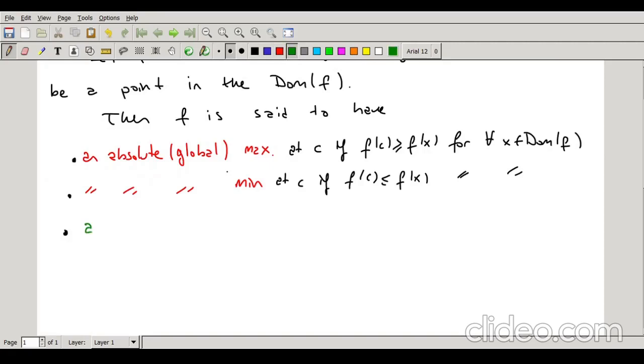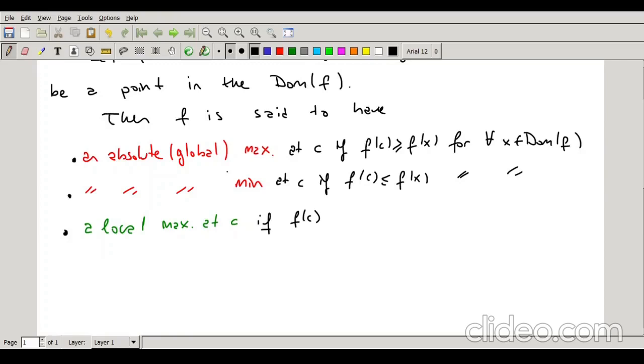Next, we may also have a local maximum at point c if, in this case, we have another version of the first definition, but just locally.